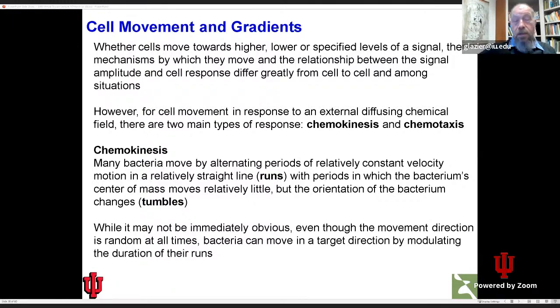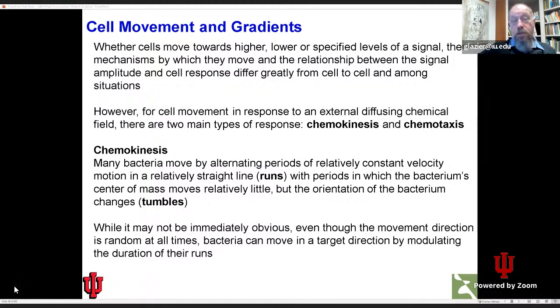And we'll say this again, but in this case, what happens is bacteria move in a straight line, and they ask the question for themselves, is the concentration of the thing that I'm trying to seek going up or down? If it's going up, they continue to move in that direction. If it's going down, they stop moving. They don't have the ability to orient, so they pick a random direction, and they do it again.